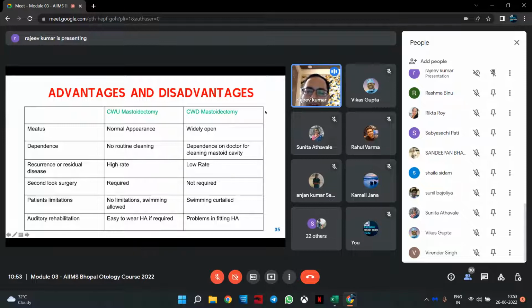So we have to instruct the patient to get it cleaned every 3 to 6 months, or once in 6 months or twice a year. If the cavity is not cleaned by a doctor, there will be accumulation of debris, and water will go in. That can lead to infection and formation of granulation tissue. That will lead to osteitis.